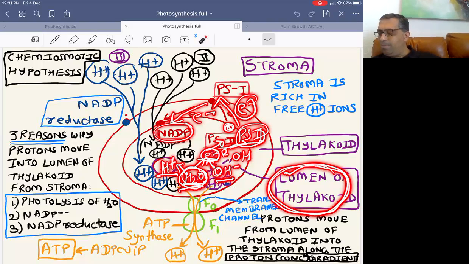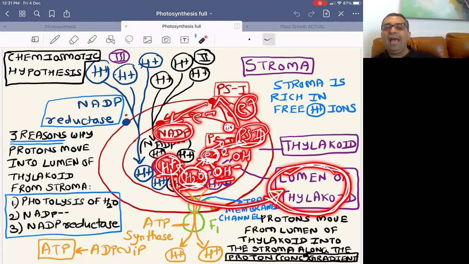and OH minus. So OH minus का electron goes to PS2, brings it to ground state, but there is accumulation of H plus. So proton accumulates inside the lumen of the thylakoid.